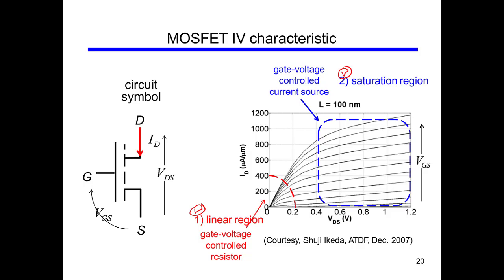Okay, so we want to describe the IV characteristic in terms of an equation. We want an equation for the ID versus VDS curve in both the linear and saturated regions.